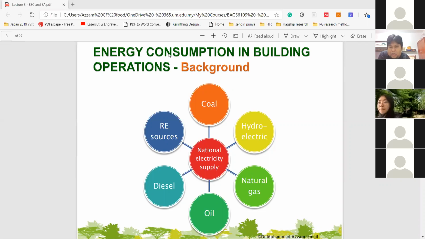And the last one is renewable energy resources. Renewable energy sources, for instance, biomass. Biomass is a product of, let's say, agriculture. From the palm oil estates, they will be cutting down trees, pruning their trees, the fronds of the palm trees, and then the fruit bunches and whatnot.